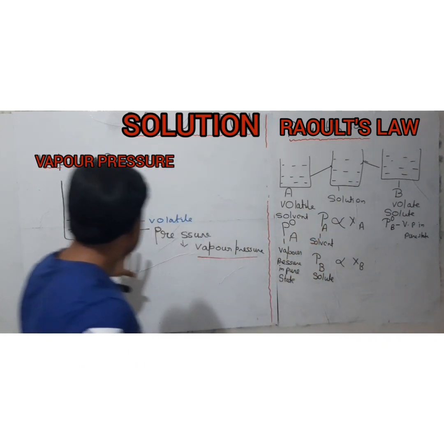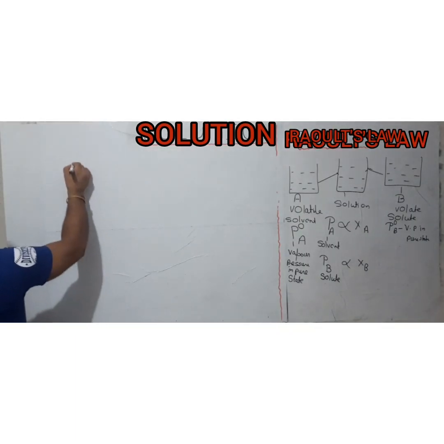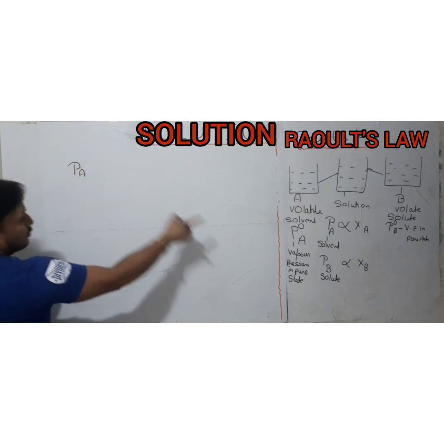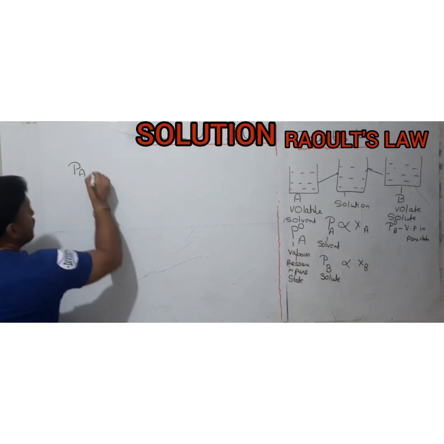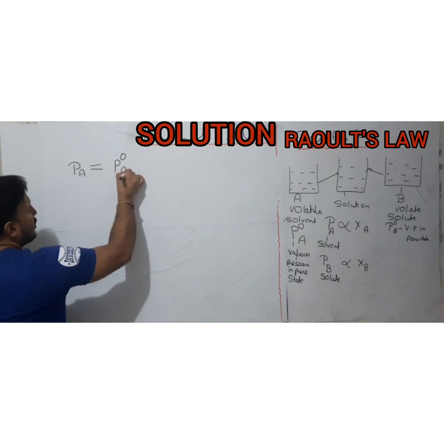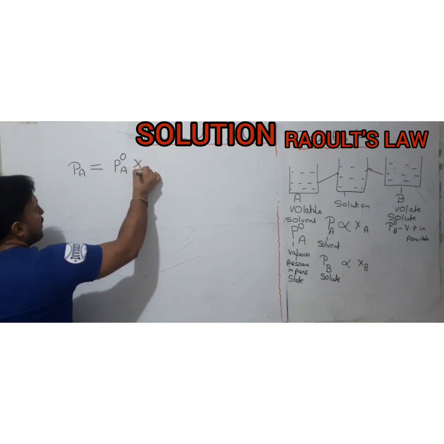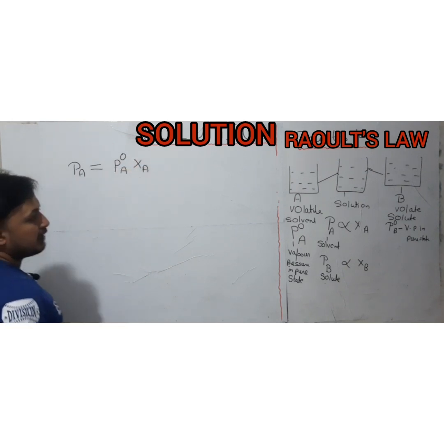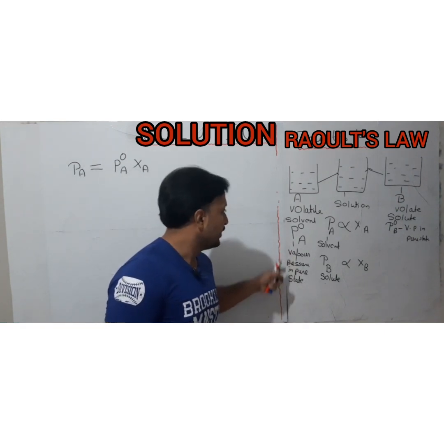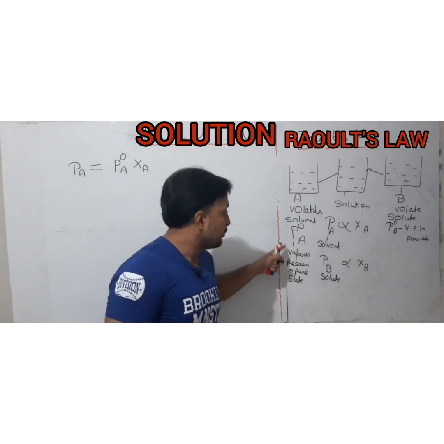So let's see. As we know, according to Raoult's law, the vapor pressure of a component is proportional to its mole fraction. When you remove the sign of proportionality, the constant we use is P naught A. Already I have explained that this is the vapor pressure of the solvent in the pure state.